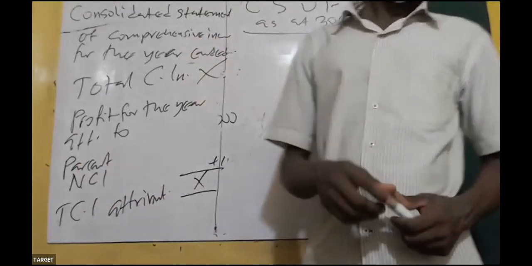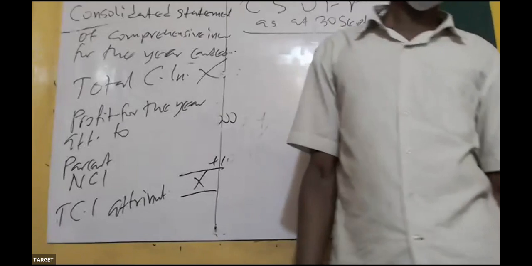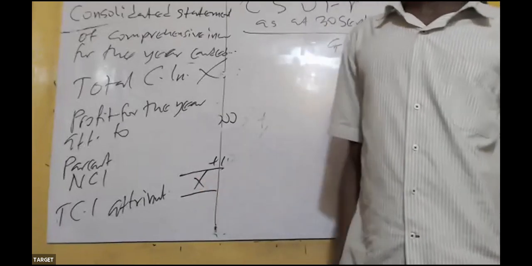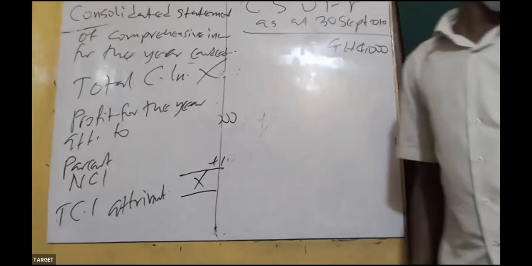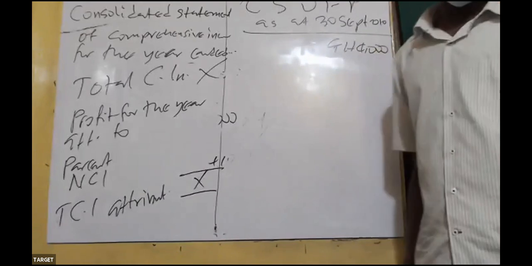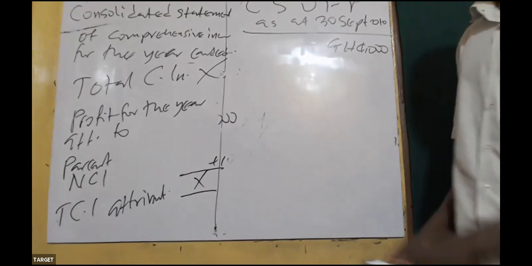We must share the profit for the year and also share the comprehensive income. That is all. So do this skeleton and then let's go to the financial position. Then we'll provide you with the computation or the working. So let's go to the financial position. This is the balance sheet.